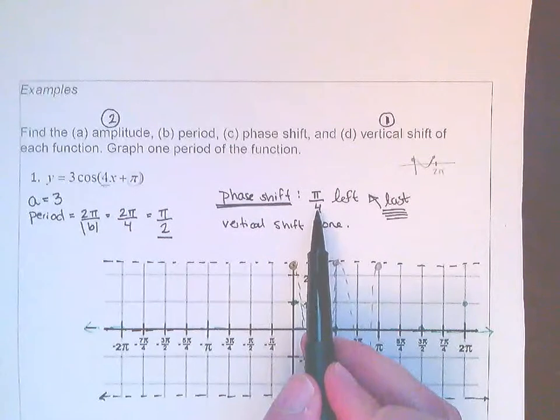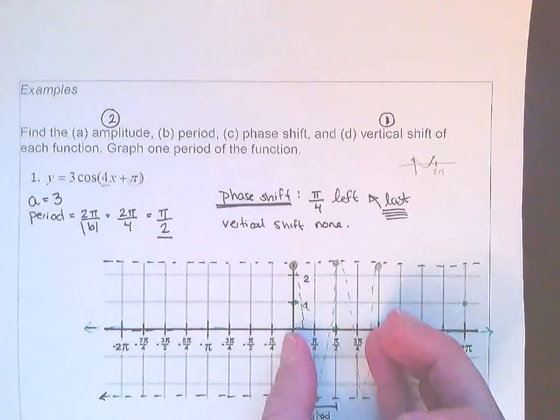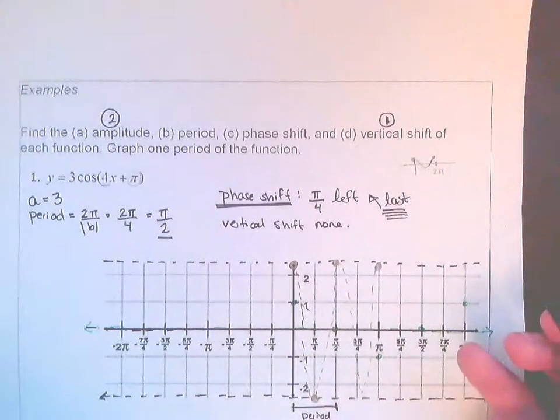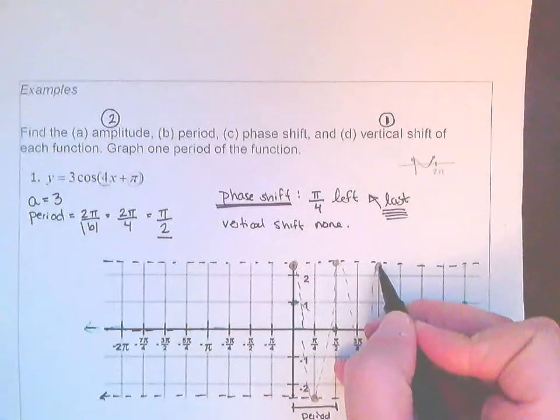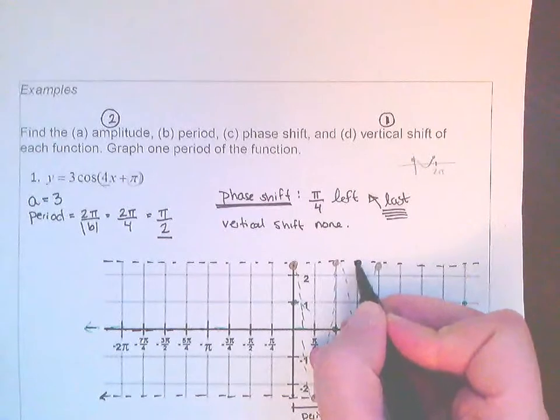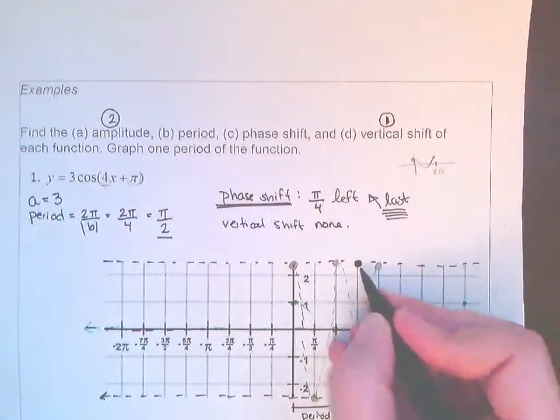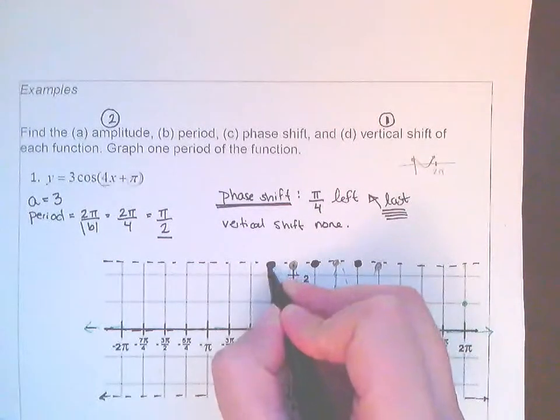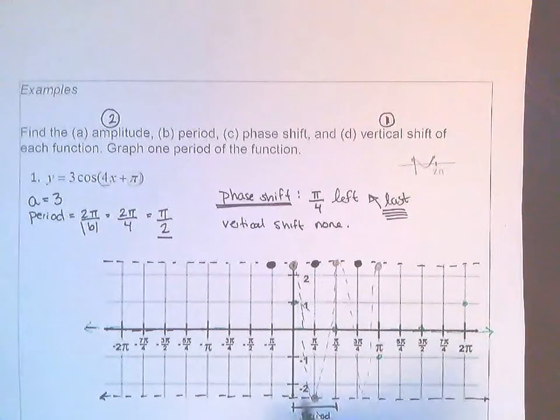Because the phase shift is saying that this whole graph is moving to the left pi over 4, all you have to do is move every single one of these points to the left pi over 4. So instead of this point, it's going to be right here. And then this point is moving right there. This point is moving over pi over 4.